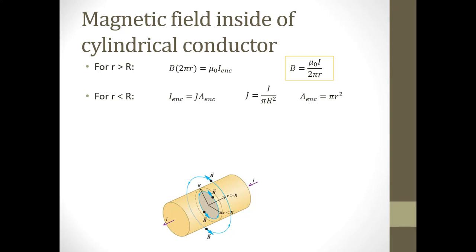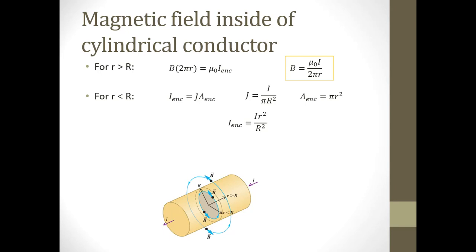The area enclosed is just pi little r squared, where little r is the radius of the loop that I've enclosed. So this means for the current enclosed, it really looks like I little r squared divided by big R squared, because the pi's cancel themselves out. This looks really similar to when we did Gauss's law, looking at the electric field inside of a spherical insulating material with uniform charge density.